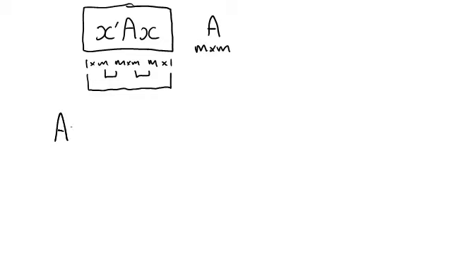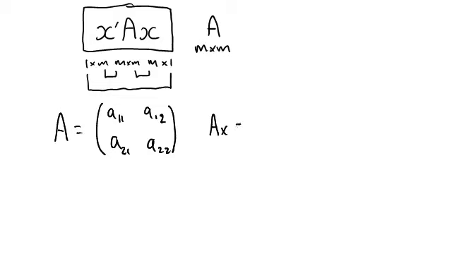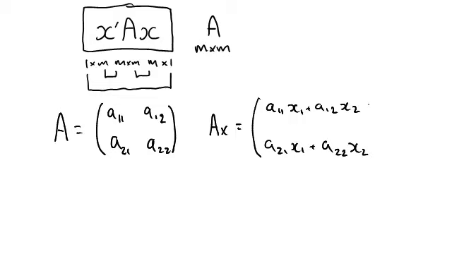So I have a matrix A, could be arbitrary, let's call it A11, A12, A21, and A22. If you calculate A times x, you will get, as always, the left-hand side of a linear system: A11 x1 plus A12 x2, the second row A21 x1 plus A22 x2.